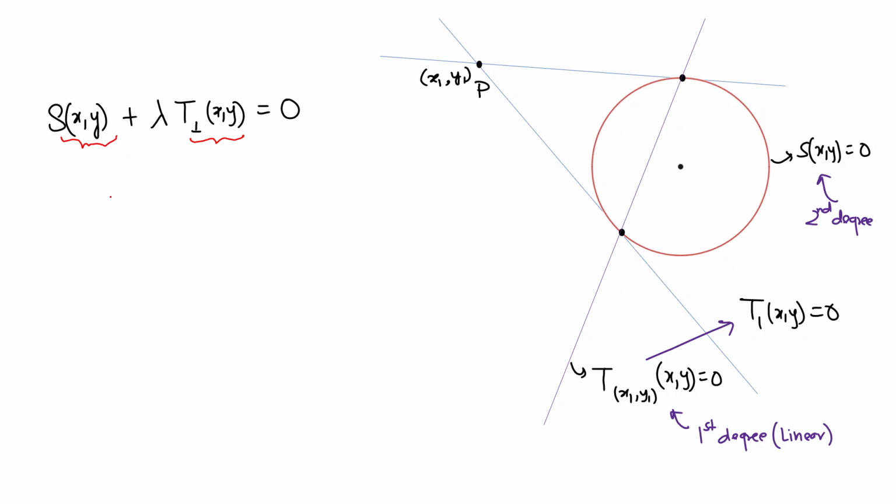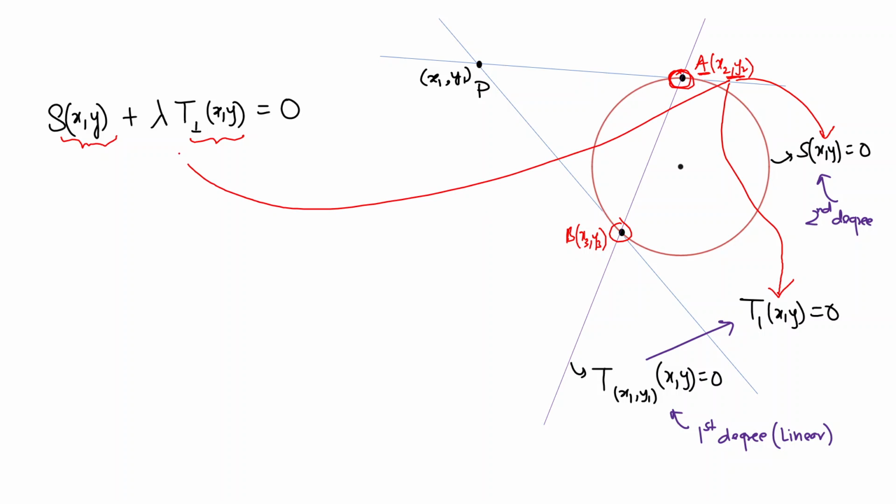And so you see this point here and this point here, which we were writing as A x2 y2, and this point was B x3 y3. So the point A x2 y2 satisfied S x y is equal to 0. It also satisfied this T1 x y is equal to 0 because it lies on the chord of contact and also on the circle. So if you put it in this equation, it will satisfy.